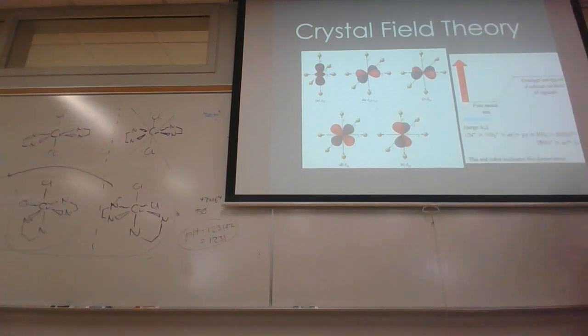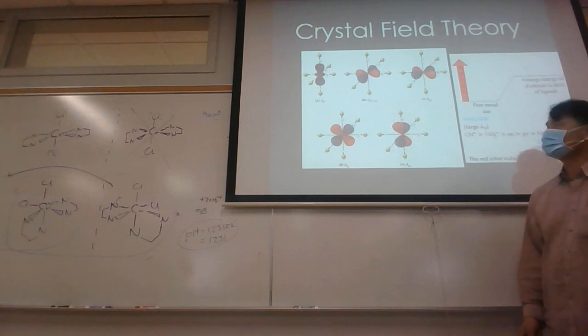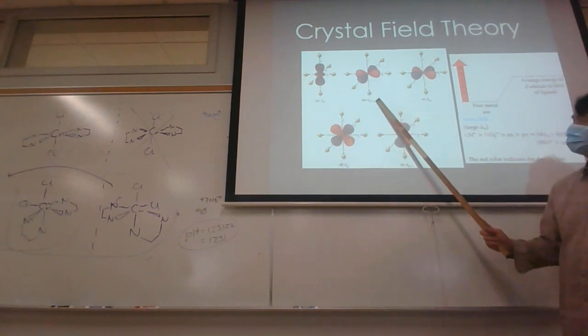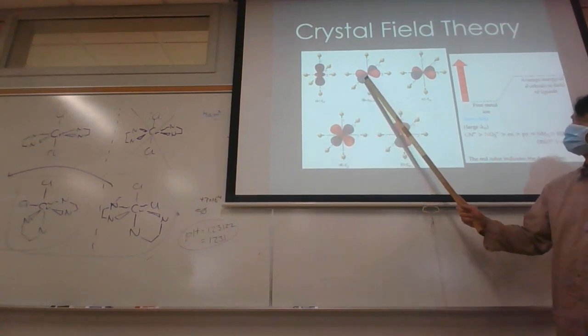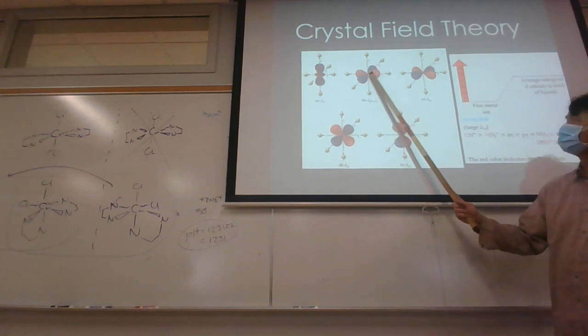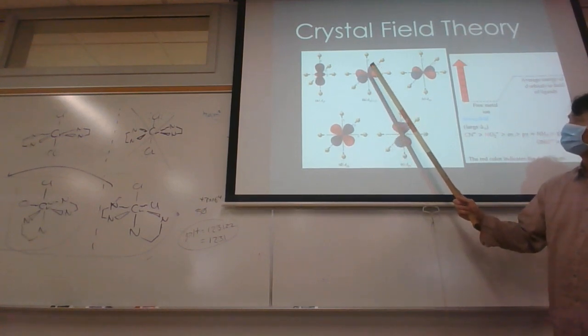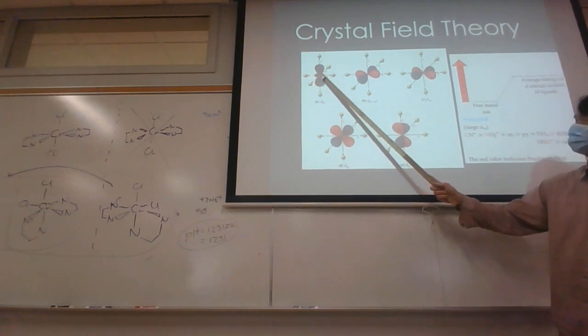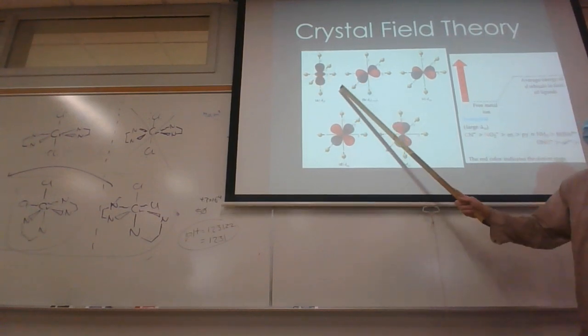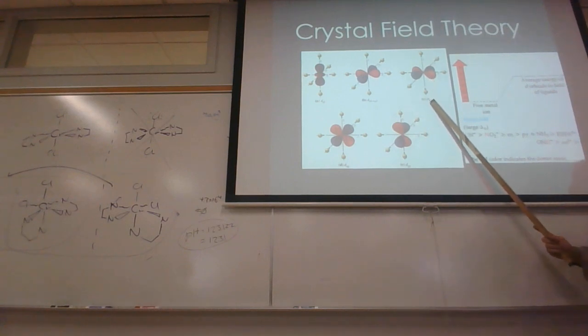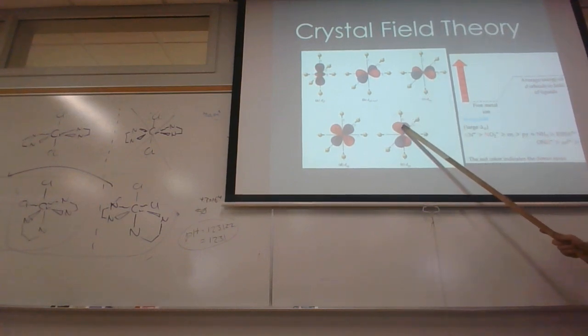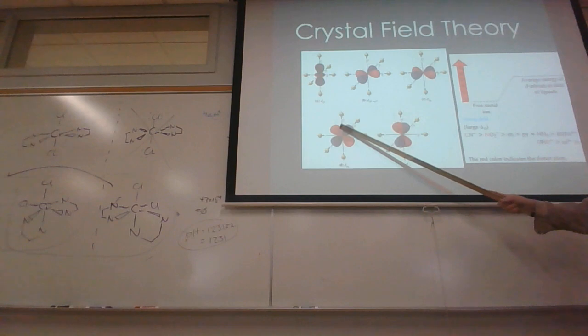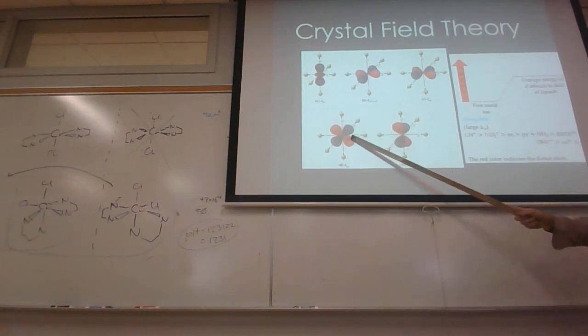But they don't all go up in energy the same amount. Some of these go up more. So for example, for the dx squared minus y squared, the ligands come straight into the lobes along the xy plane. In the dz squared, the ligands come straight into this hula hoop here. And that causes these to go up in energy more than these. When I look at the dxy and the others, the ligands come in between the lobes, not directly into the lobes.